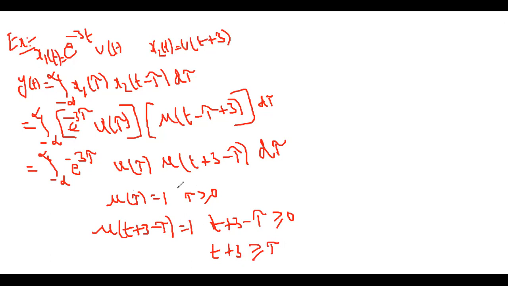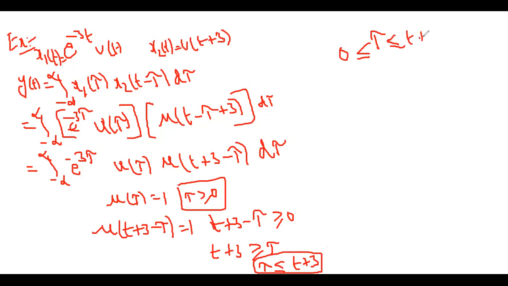And what is tau? One relation is that tau is greater than or equal to 0, and the other is that tau is less than or equal to t plus 3. Two relations we got. Combine these two relations: tau is greater than or equal to 0 and less than or equal to t plus 3. So tau varies from 0 to t plus 3.